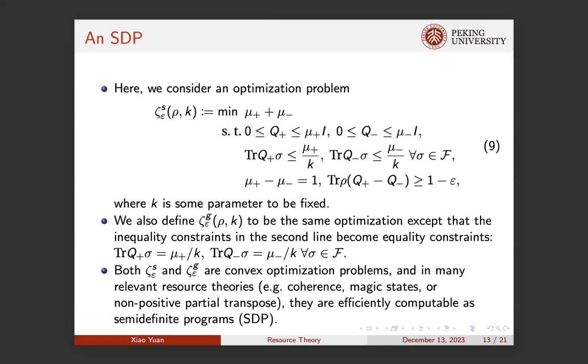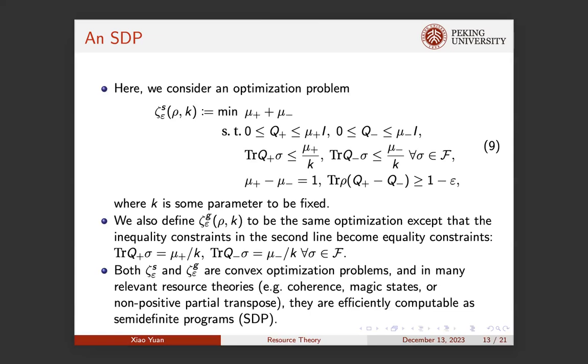These two optimization problems are generally convex optimization. And in many cases, if the free set of states or objects is a convex combination of a finite, small number of states, or if we can characterize them efficiently, then it will be an SDP.